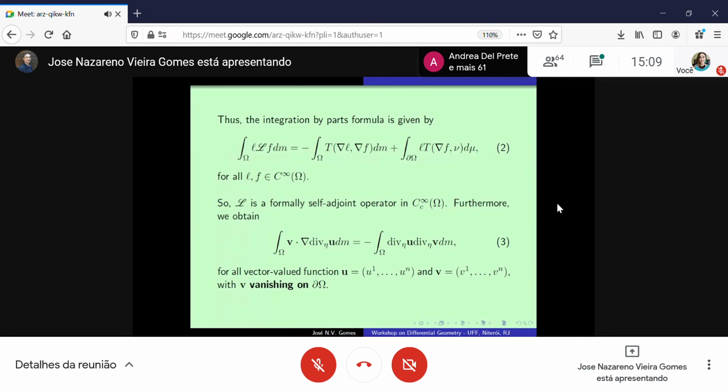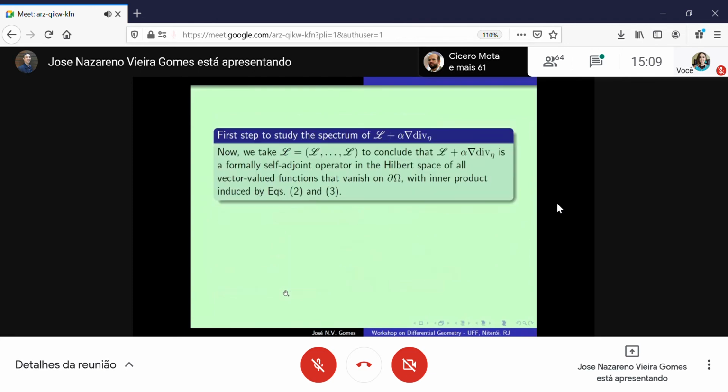So L is a formally self-adjoint operator in this space. Moreover, we obtain this equation 3 for all vector valued functions u and v that vanish on the boundary. That's very important. First step to study the spectrum of our operator.